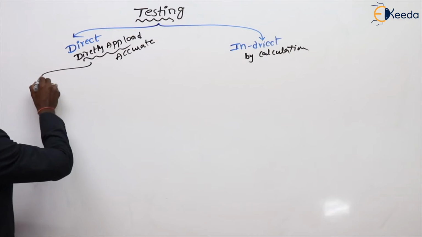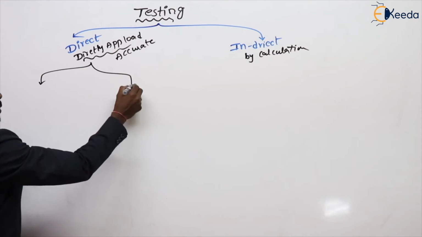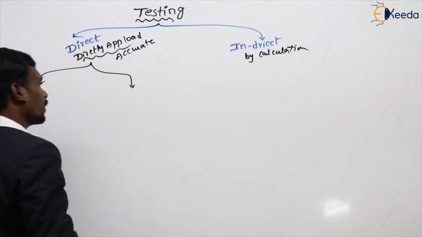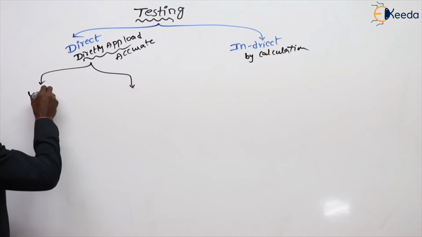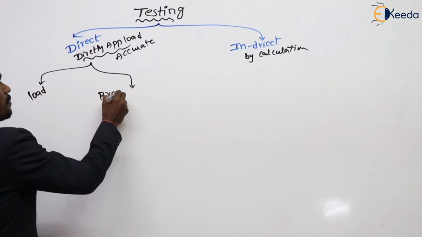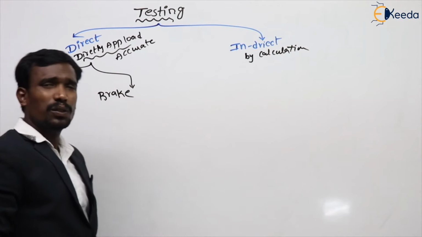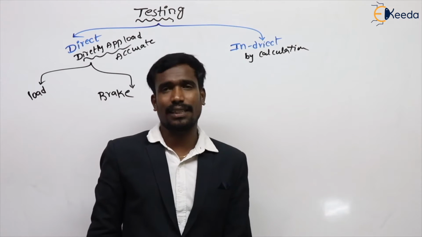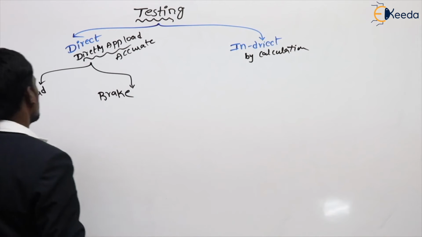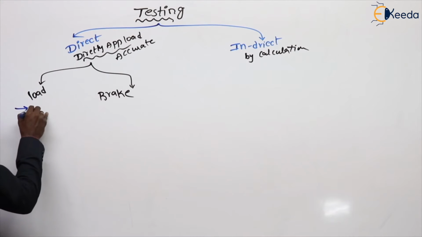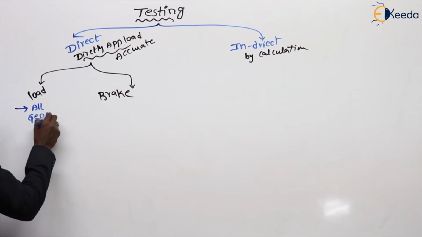These direct tests are again of two types: the load test and the brake test. Generally, the load test is used for all generators.